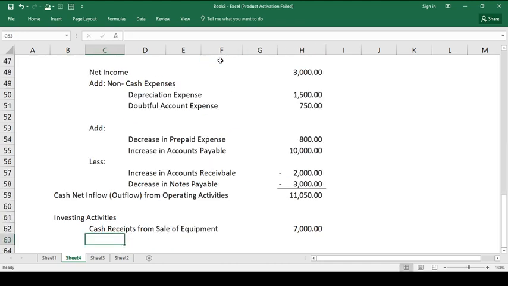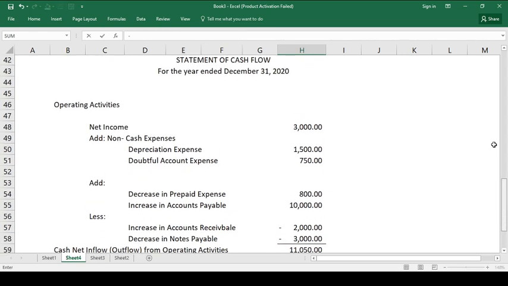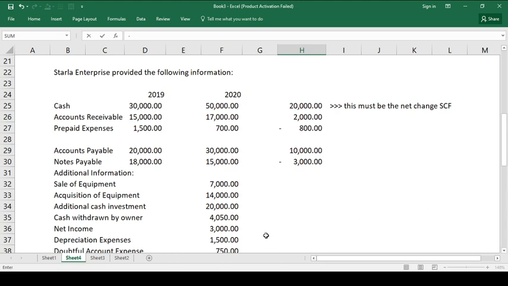And then, there is a cash payment. Okay. Cash payment on acquisition of equipment. Okay, so magkano po binayad natin on the acquisition? So, lagyan po natin siya ng negative sign kasi acquisition nga. Okay, so that is sa 14,000. Ayun, no?